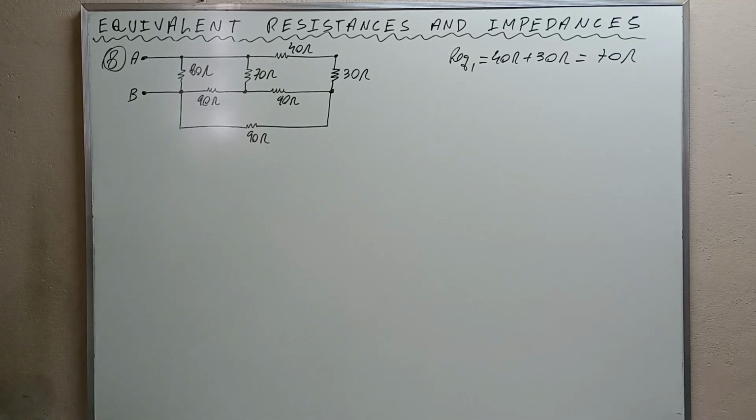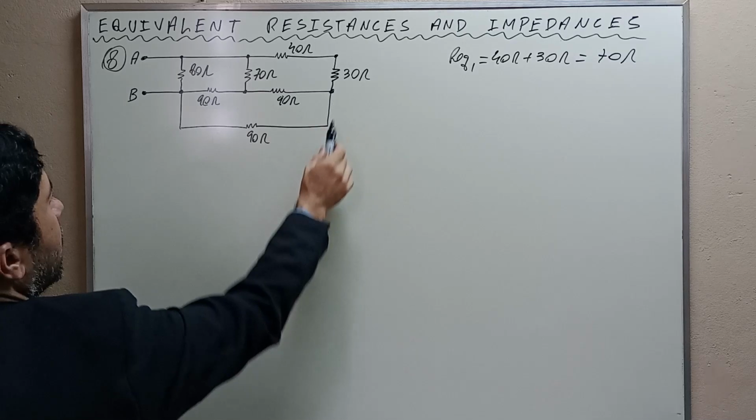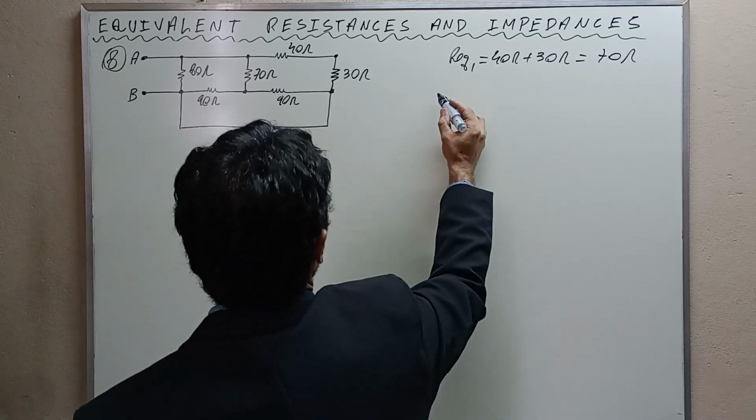From this point, to further simplify the circuit, we will need to convert the delta connected resistors into a connection in Y. Okay? Observe this. They are connected in delta here.